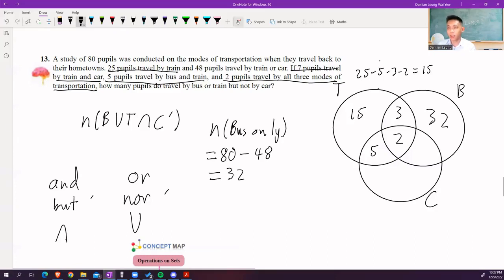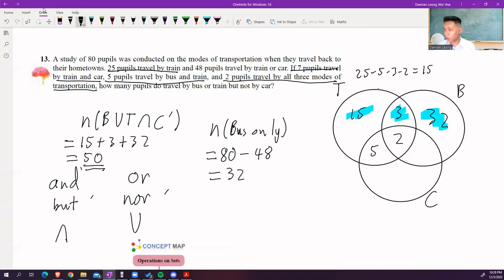B union T intersect C complement. These three add together. So it's 15 plus 3 plus 32. Okay, answer is 50.